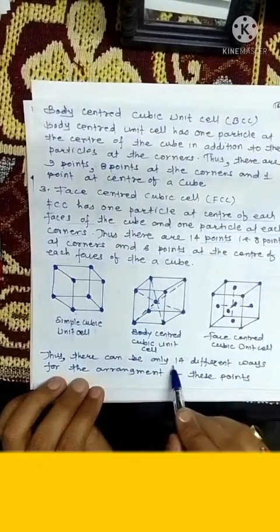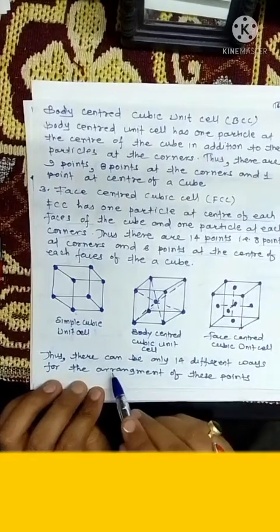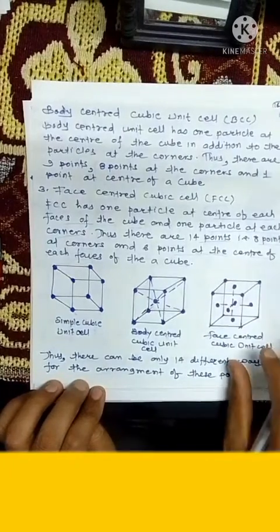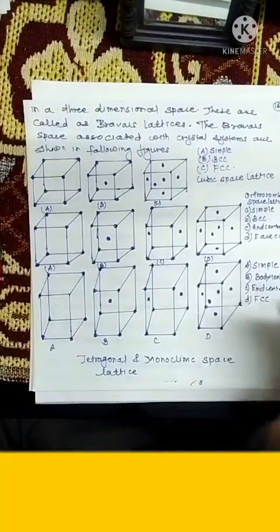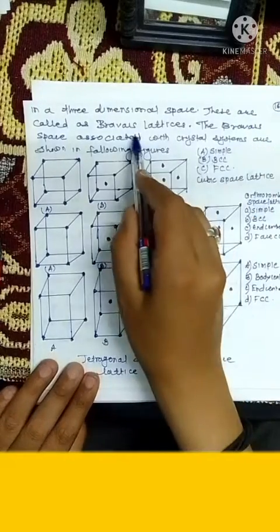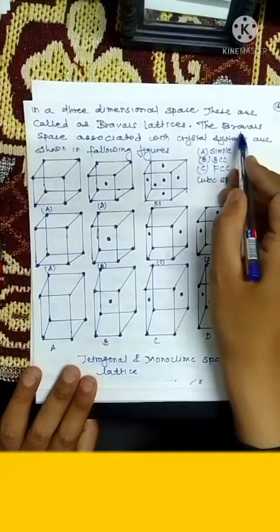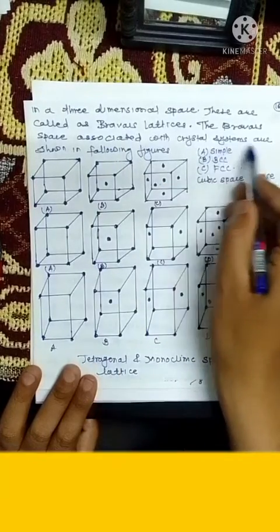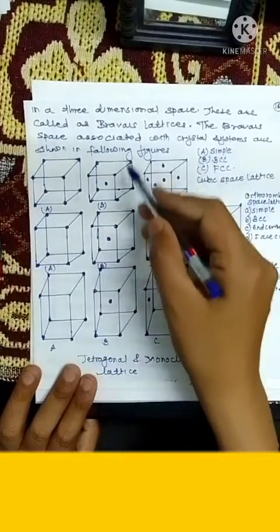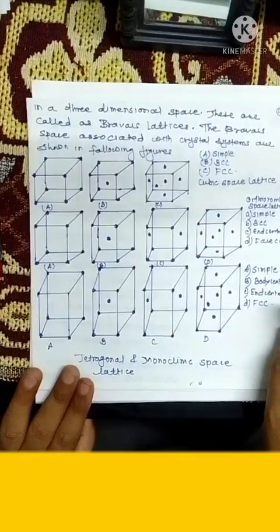Thus, there can be only 14 different ways for the arrangement of these points in a 3-dimensional space. These are called Bravais lattices. The Bravais lattices associated with crystal systems are simply shown in the following diagram.